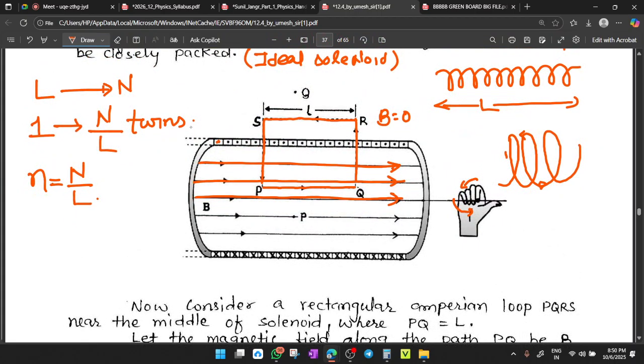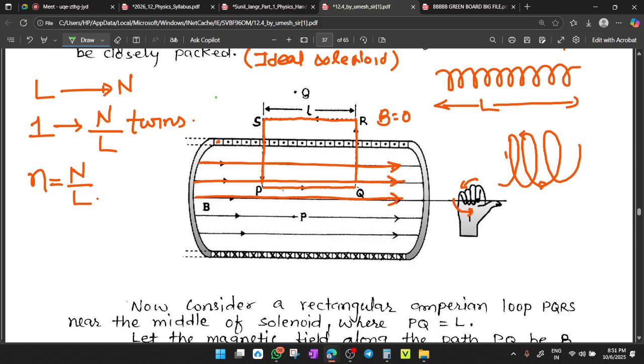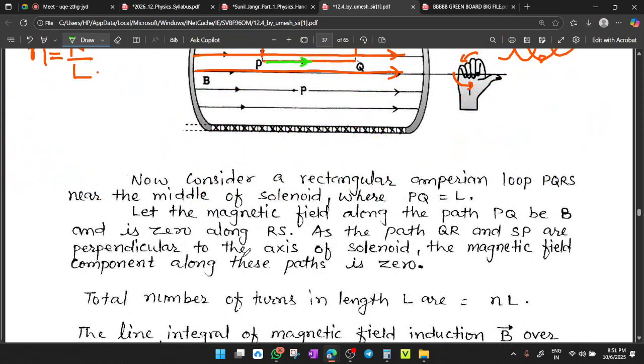Now, if you talk about the direction of dl, because this is the Amperian loop, this is the length element of the loop along this, and here the direction of the magnetic field is here. So this angle equals how much? 90 degrees, right? And this angle is also 90 degrees. Clear?